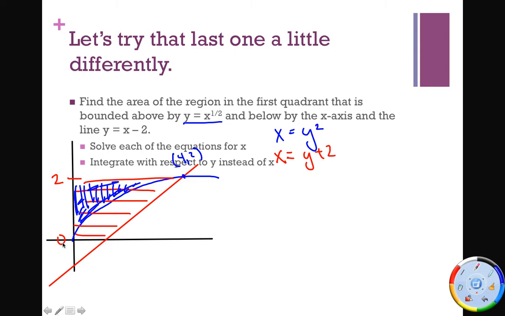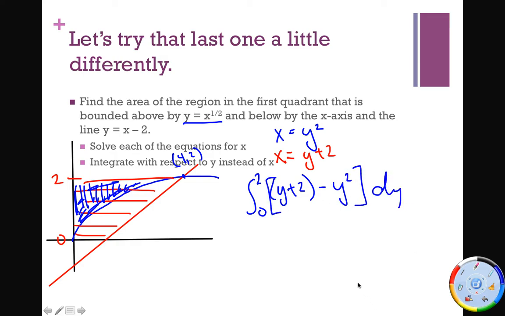Now remember, we're integrating from 0 to 2 because this is in the y direction. So we say the integral from 0 to 2 of y plus 2 minus y squared dy. We're looking at the y direction now.